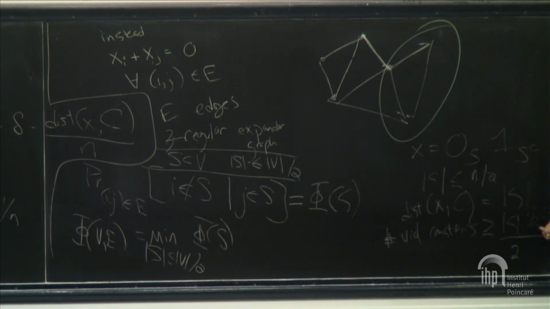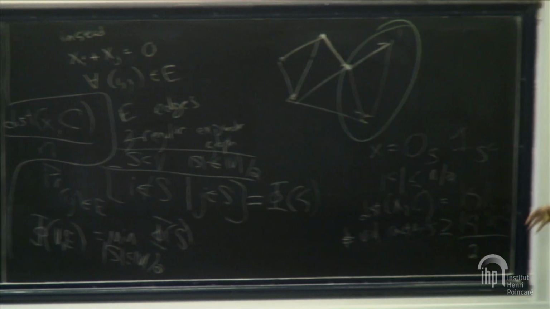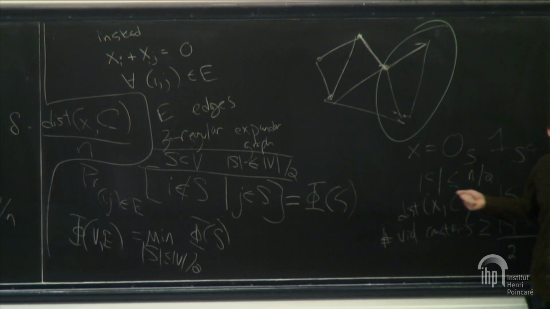So if this expansion is constant, then the number of violated constraints will be proportional to the distance. And choosing a random constraint has a good chance of detecting that you're not in the code. So you'll have a good chance of picking an edge between the 0 set and the 1 set.